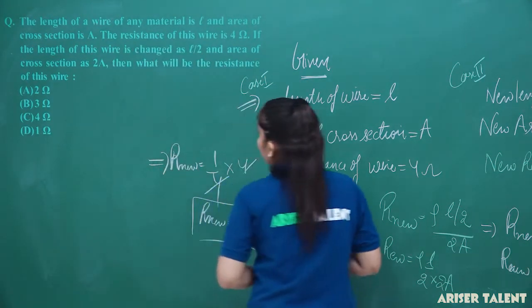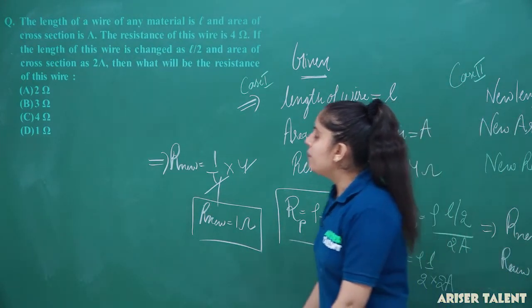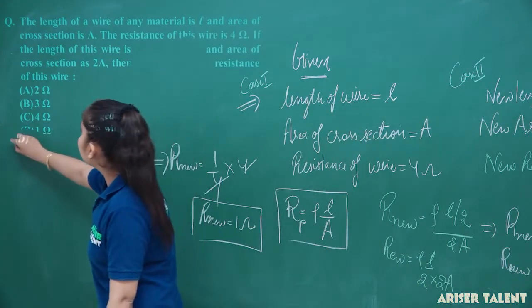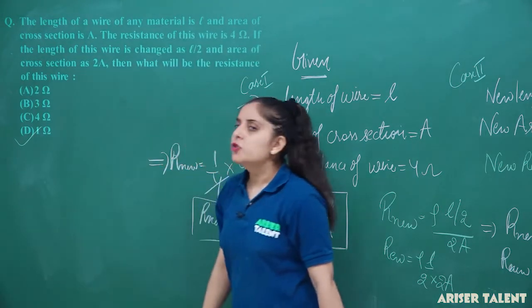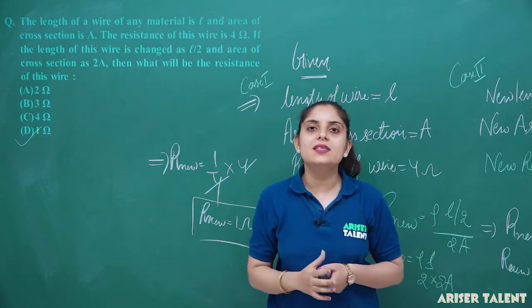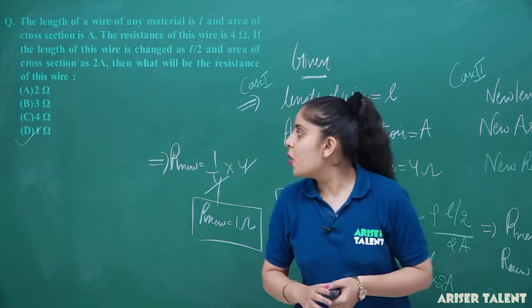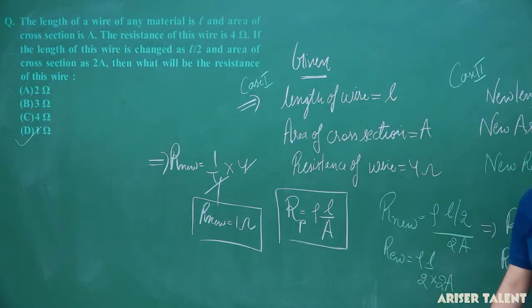So, let's check the options here: 2 ohm, 3 ohm, 4 ohm and 1 ohm. So, here option number D is the correct one. So, from the previous resistance we can calculate the new resistance just by changing a few conditions here. So, let's copy this solution from here.